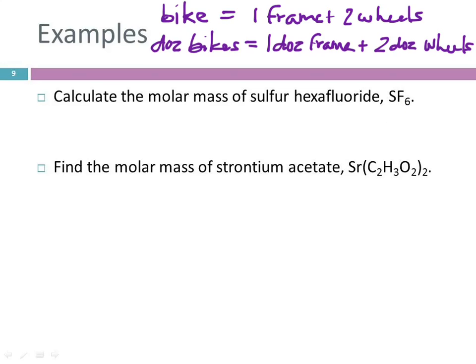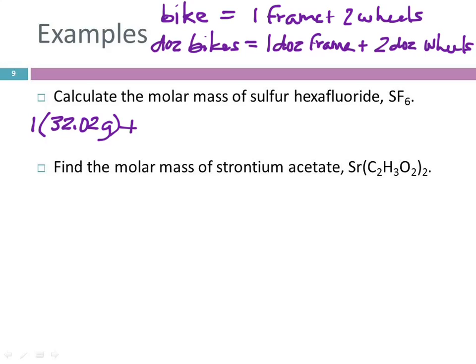So to find the mass of a mole, we are going to take the subscripts from this formula and multiply by the mass that we see on the periodic table. So we have 1 mole of sulfur, and how much does 1 mole of sulfur weigh in grams? 32.07.